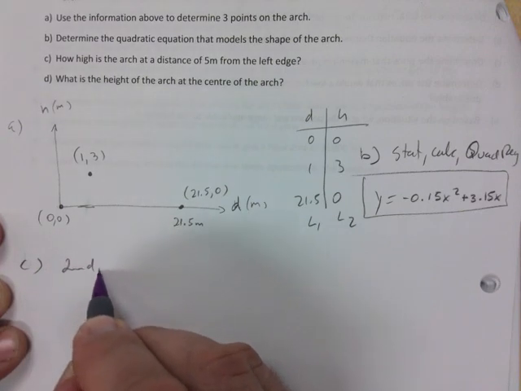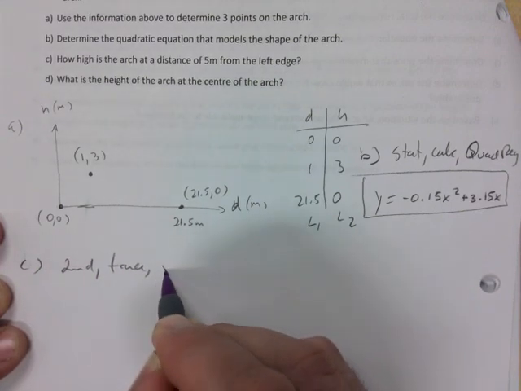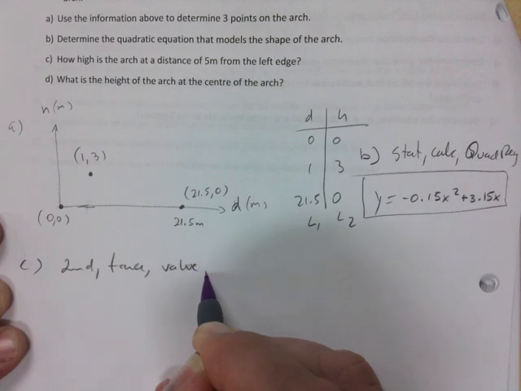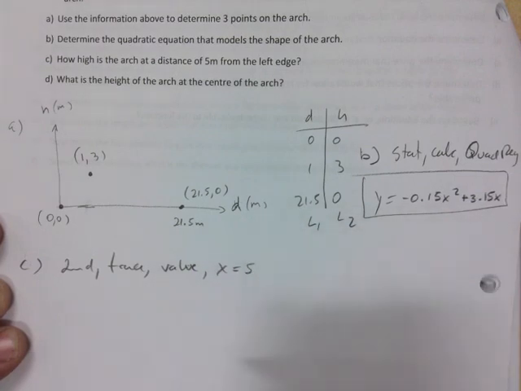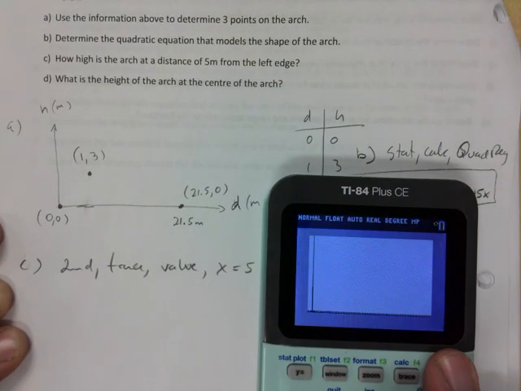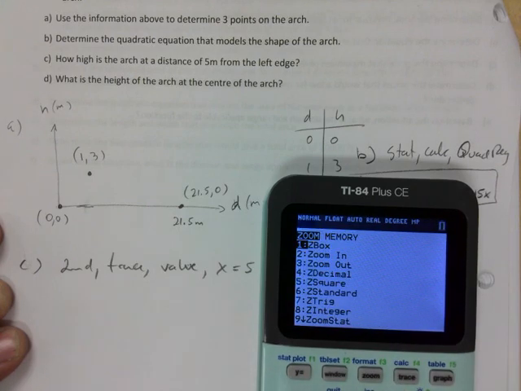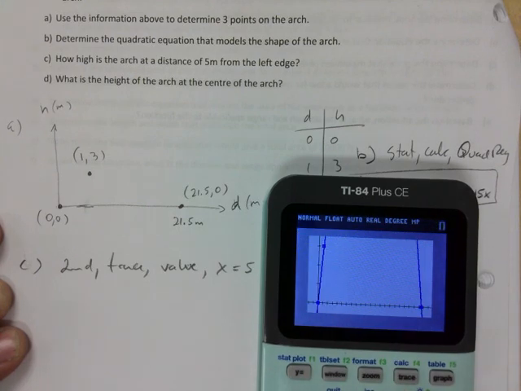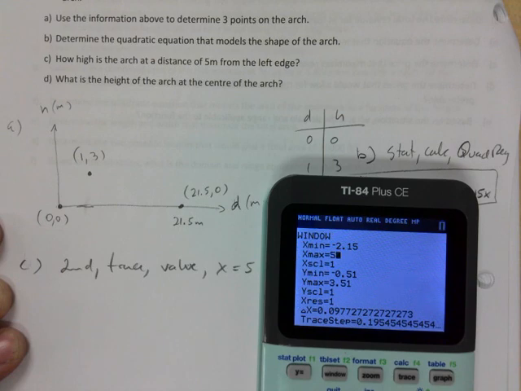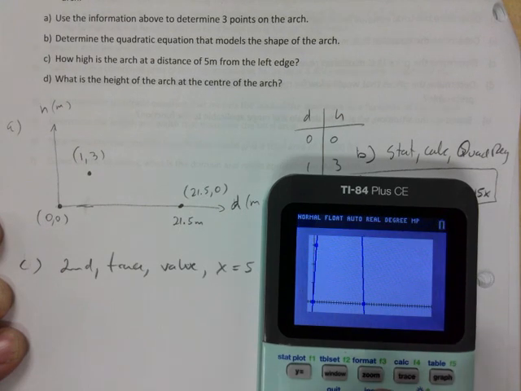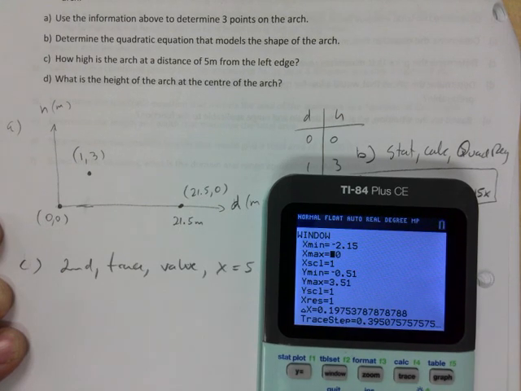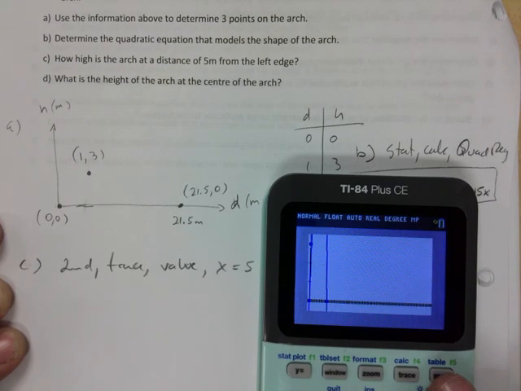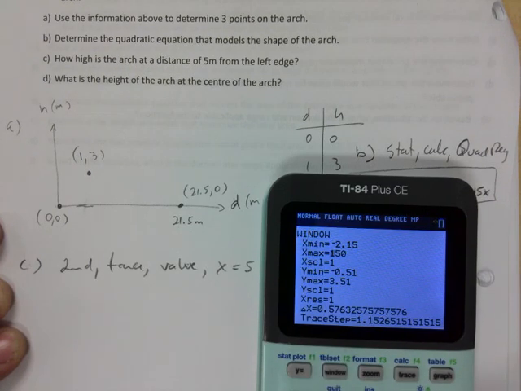So second trace value, x equal to 5. I'm going to graph that. Zoom 9 is probably going to do a decent job. I need a bigger height there, even higher, probably 150. Oh, I'm increasing my x max, which is not what I want.